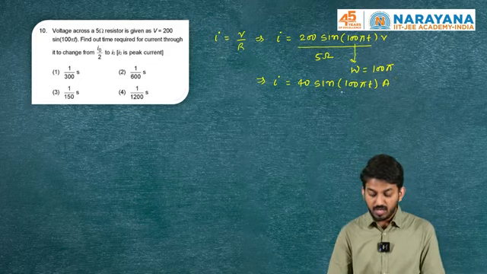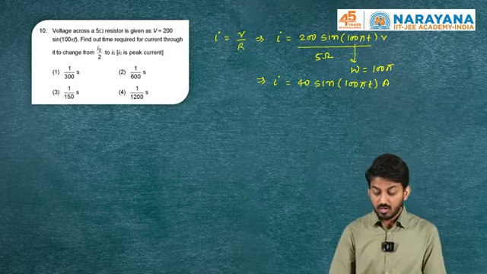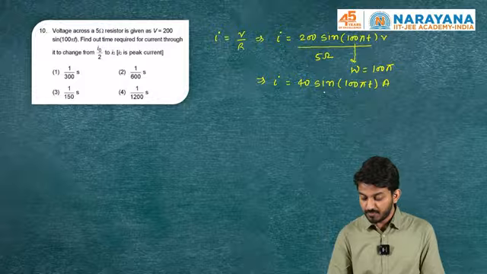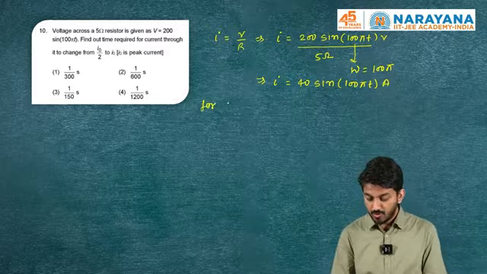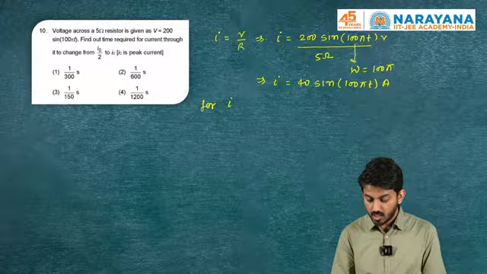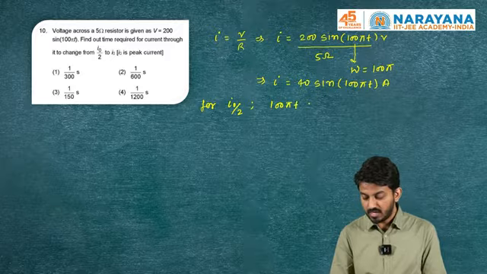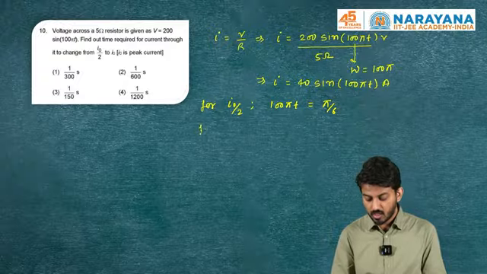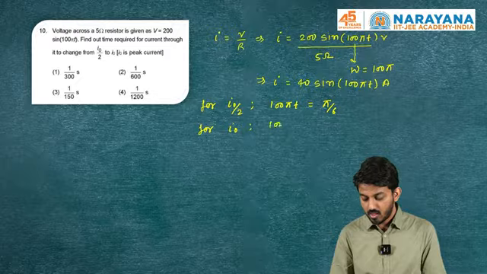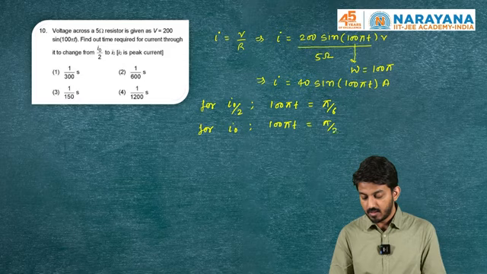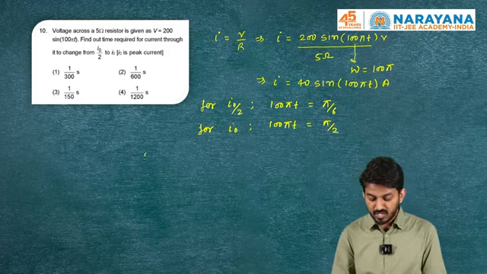Now, for this value to be I naught by 2, I want this phase value 100 pi t to be equal to pi by 6. For I naught, 100 pi t needs to be equal to pi by 2. So total phase change.